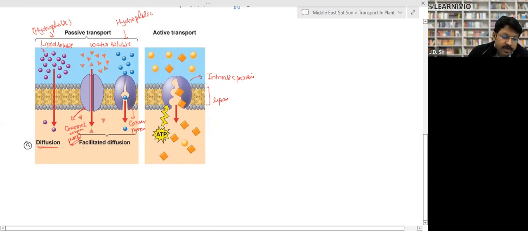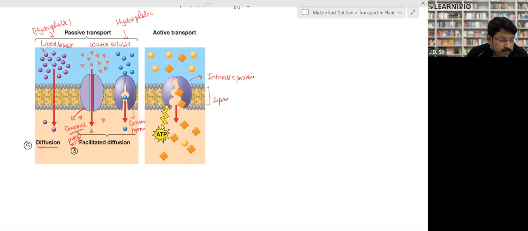Next point, facilitated diffusion. Second heading, B, facilitated diffusion. Particles which are not lipid soluble, that is hydrophilic solute, cannot pass through lipid membrane.